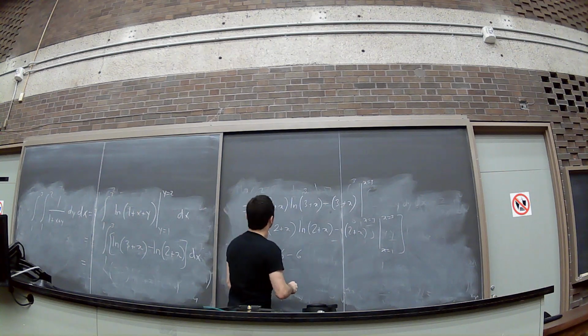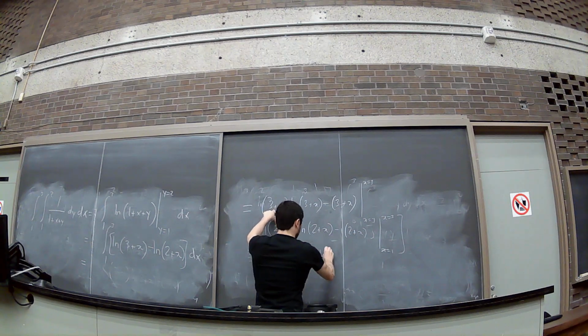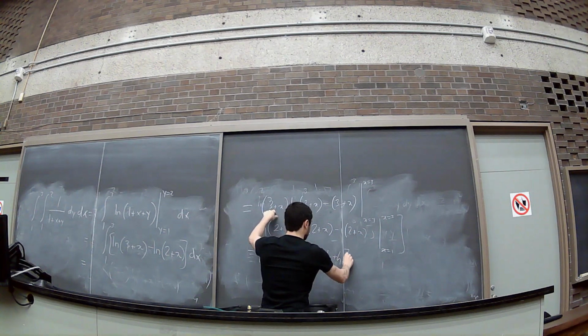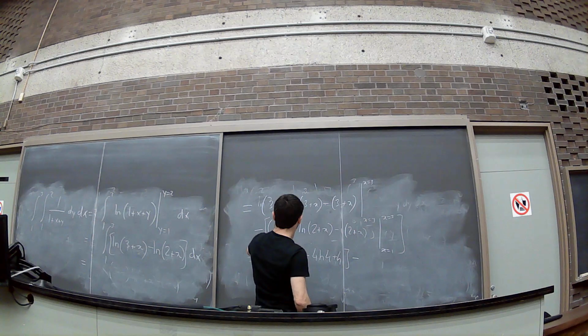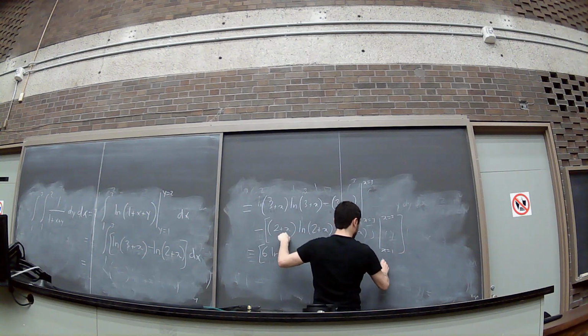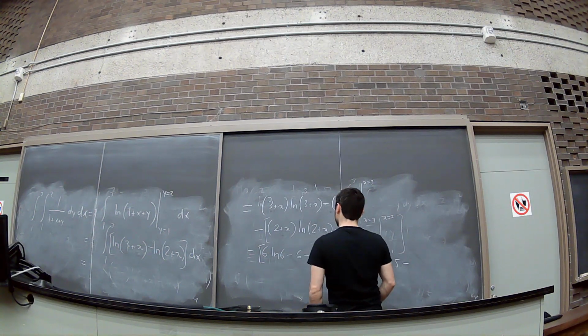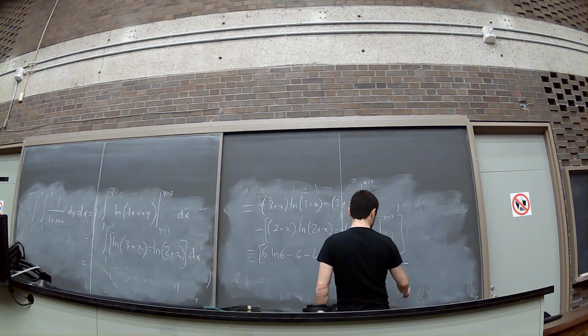Minus 6, minus, what is that? 4 ln 4 minus 4, plus 4, minus, where are we here? Minus 5 ln 5 minus 5, minus 3 ln 3 minus 3, right?